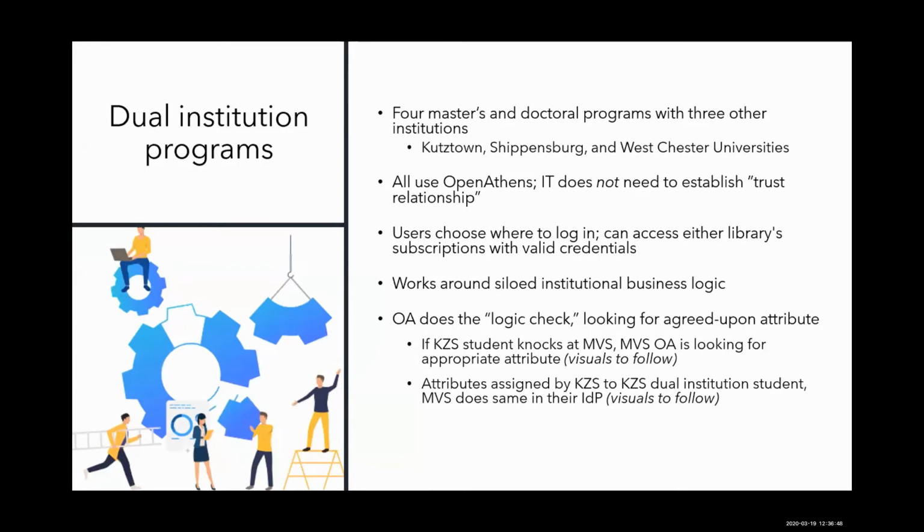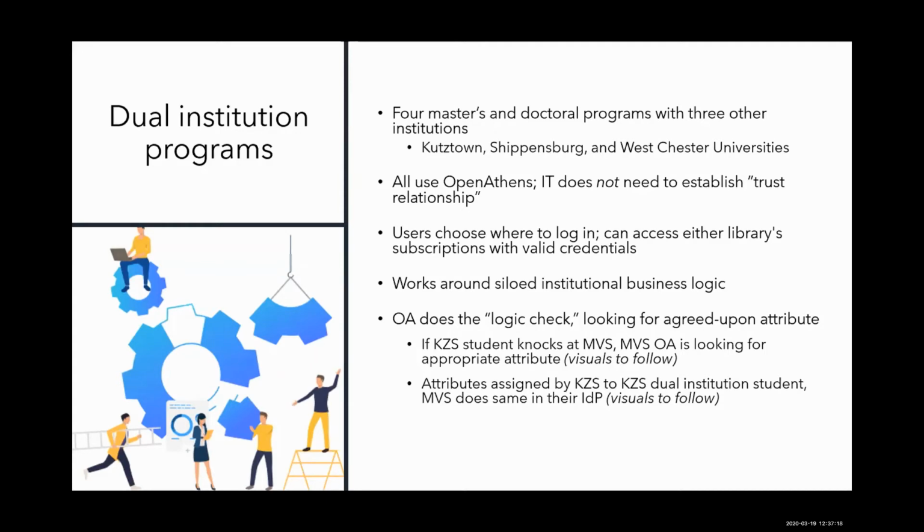One thing that might be of import for other people is, because we're using OpenAthens to do this, and I was very circumspect in this, the IT organizations involved at those institutions, Millersville, Kutztown, Shippensburg, and Westchester, never needed to establish any kind of actual trust relationship with each other, even though we're all common Federation members, and one could think that that should be fairly straightforward to do.